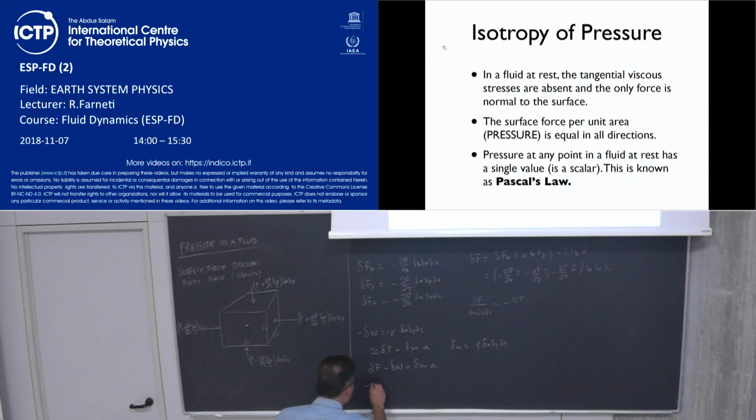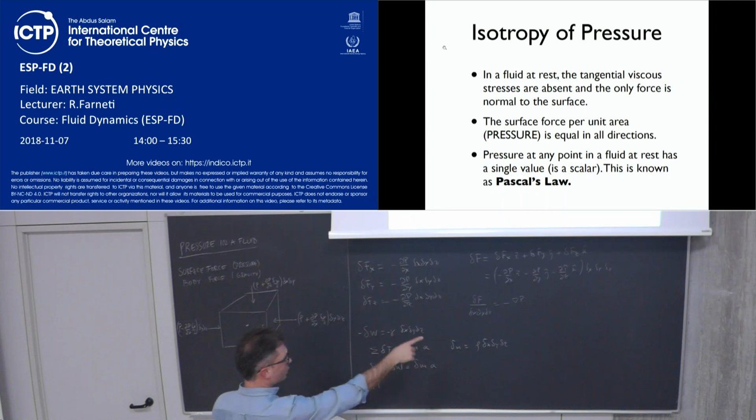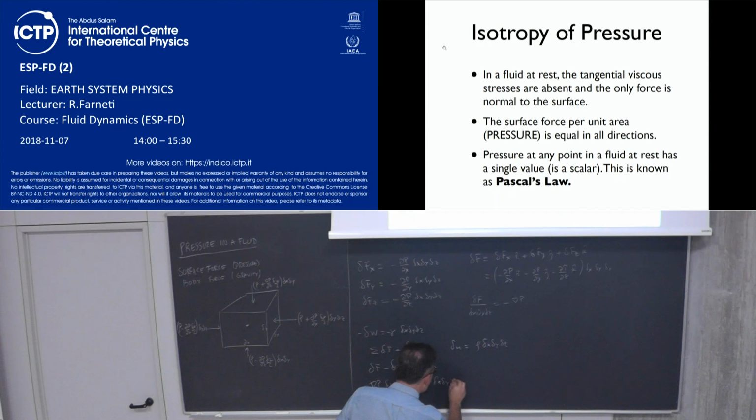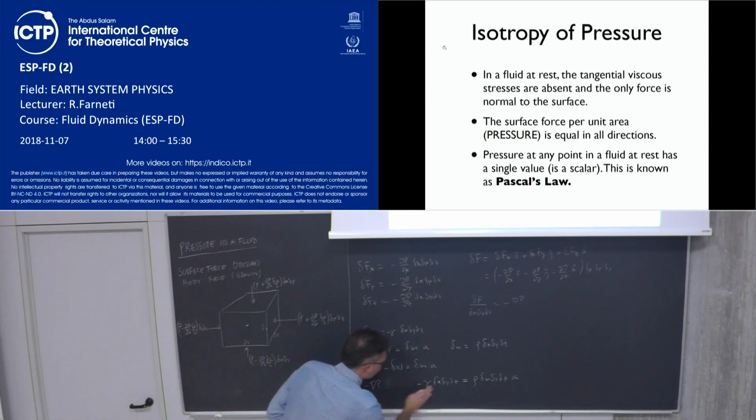So this is minus the gradient of p, my forces, times dx dy dz. Then I have minus gamma dx dy dz. This is my weight. These are the total forces acting on the element of fluid, equal to rho dx dy dz times acceleration. So you just get rid of the volume.